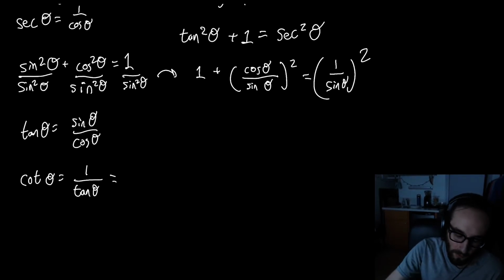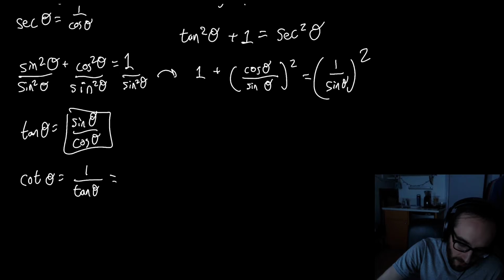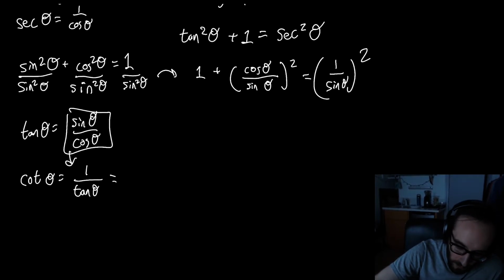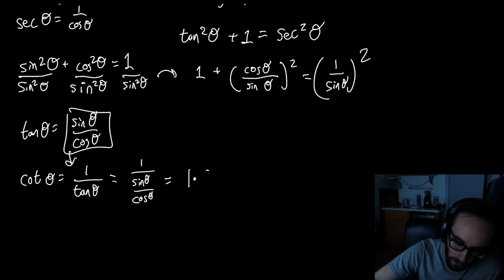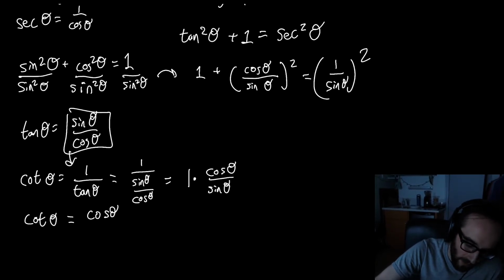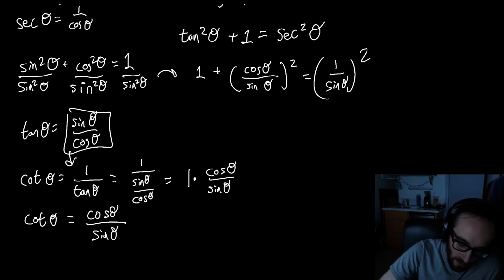Which, if we were to rewrite this using this quotient, this fraction, this ratio, we end up with 1 over sine theta over cosine theta, which is the same thing as 1 times the reciprocal of that, whatever we're dividing. 1 times cosine theta over sine theta. In other words, cotangent of theta is just the reciprocal of tangent. We have cosine of theta in the top and then sine of theta in the bottom.